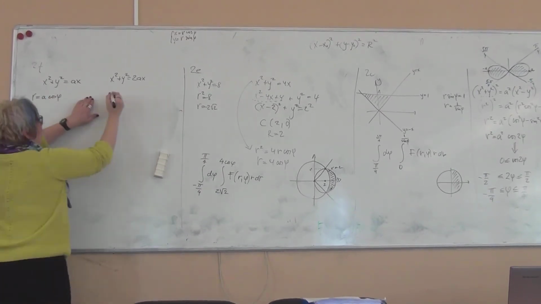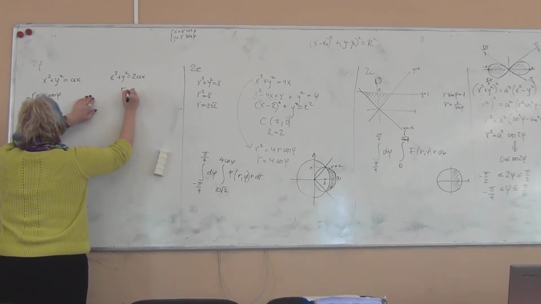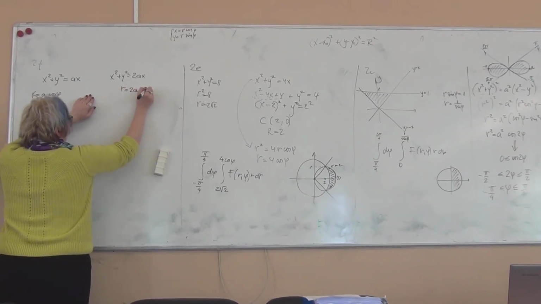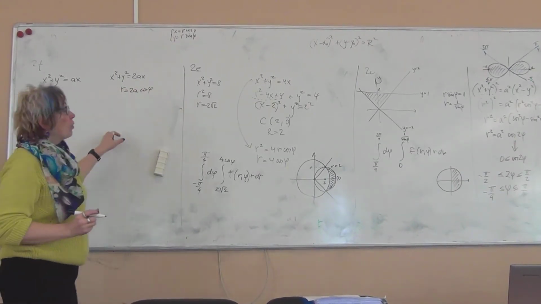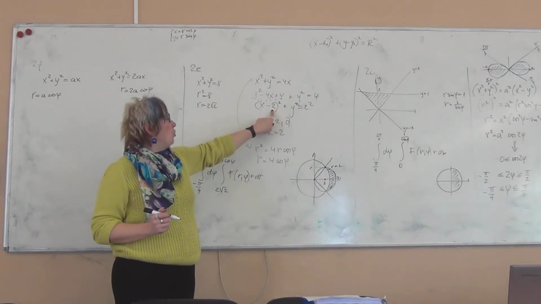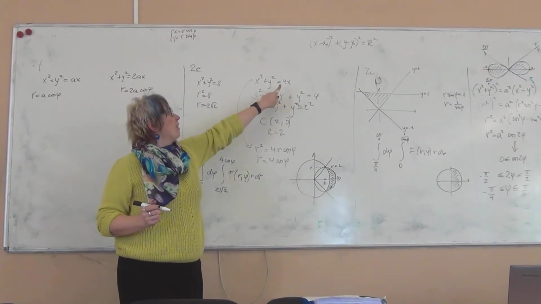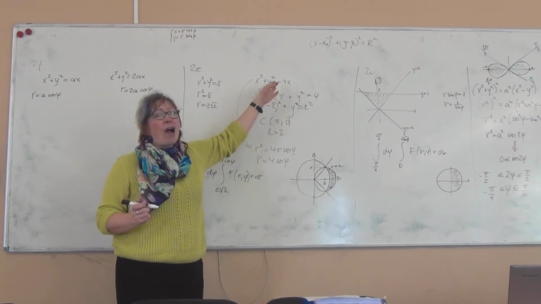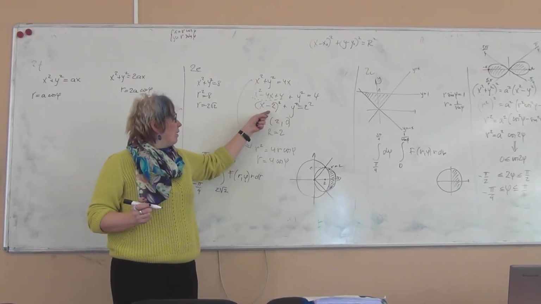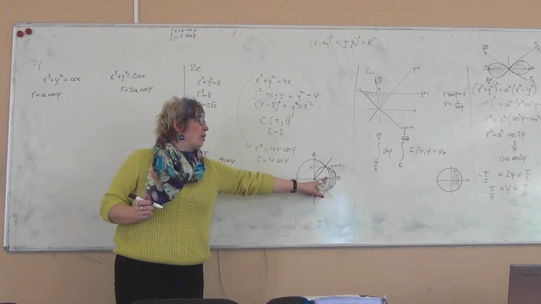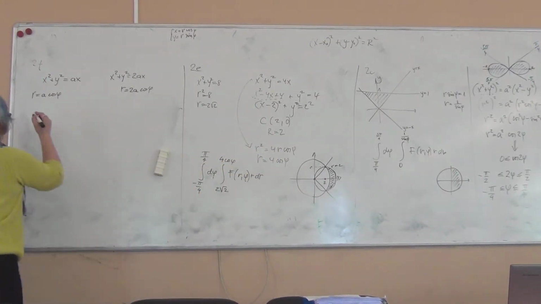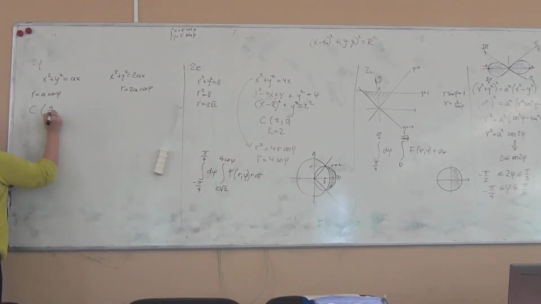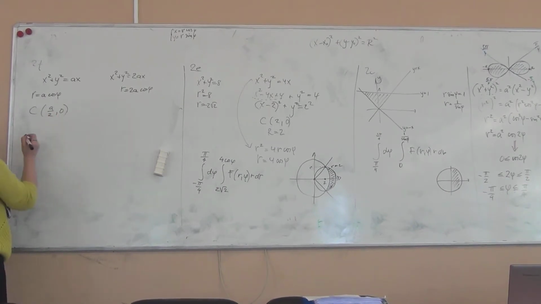And for this, the equation will be r equals 2a cosine phi. Then obviously we remember that we got 2 dividing this number 4 by 2, so it's half of a. So the center will be at the point a half, 0 on the x-axis.